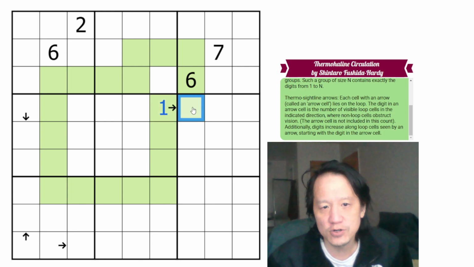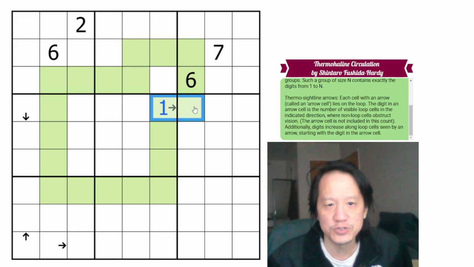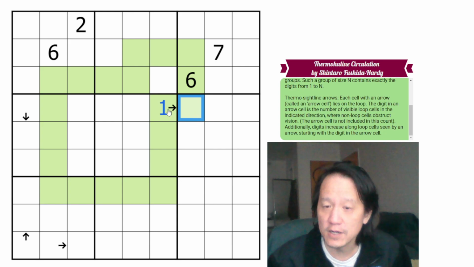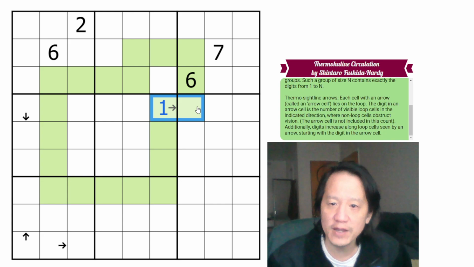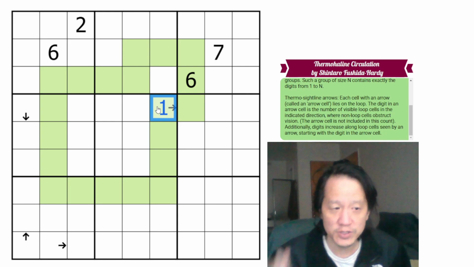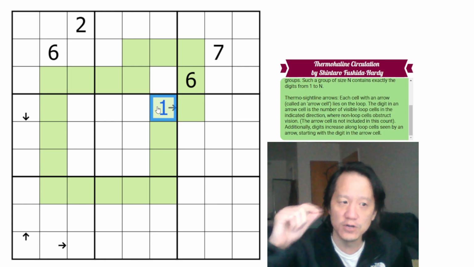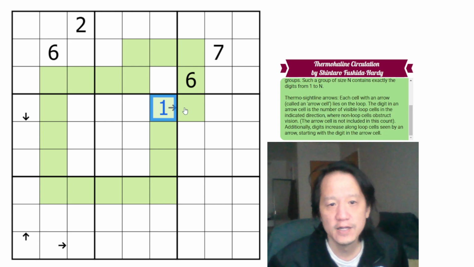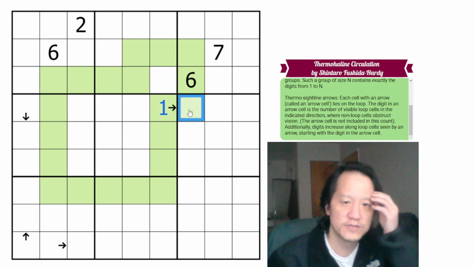Because it starts from the boundary. So how many cells do I see? I just see 1 that's on the loop. And digits increase along loop cells seen by the arrow, starting with the digit in the arrow cell. So the digit in the arrow cell is the lowest number, and it must be continuously increasing from that cell. So this has to be greater than 1, which is fine.